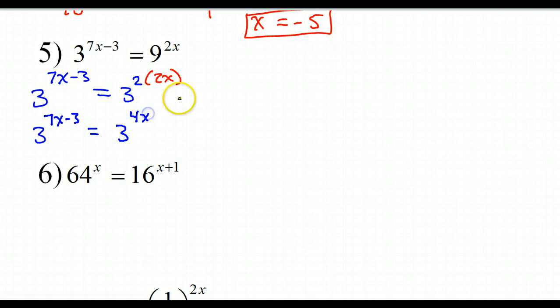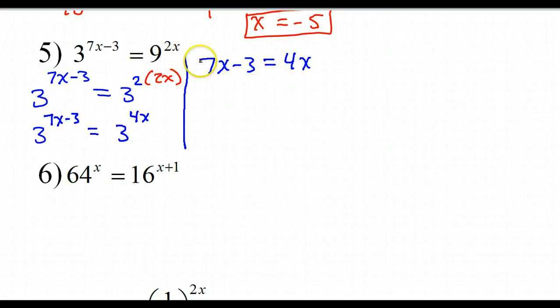the 4x power. Now, if the bases are the same, the exponents will be the same. So I can set these exponents equal to each other like this. 7x minus 3 should equal 4x. If I solve this, then that will give me my x value.